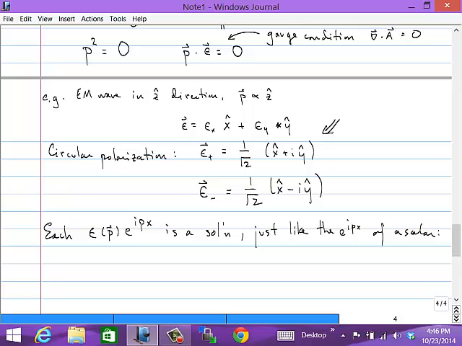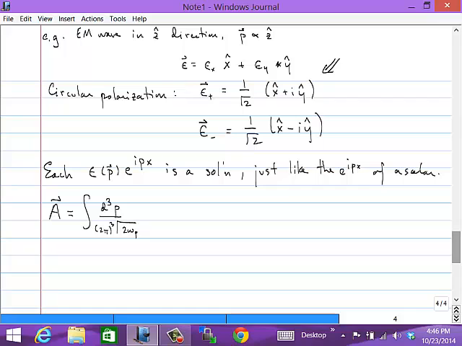And so we can go ahead and quantize electromagnetism just as we did for a scalar field. In particular, what we do is we imagine writing a general solution of electromagnetism as expanded in this basis.